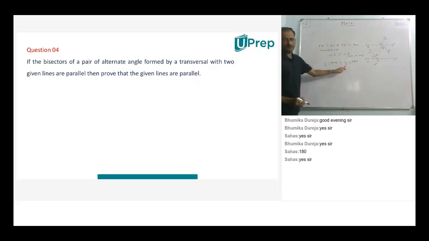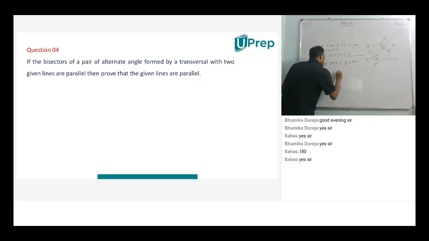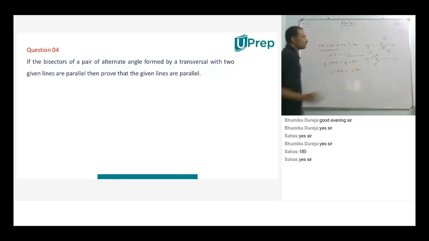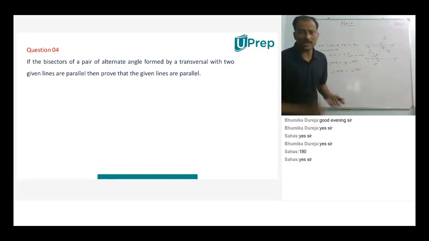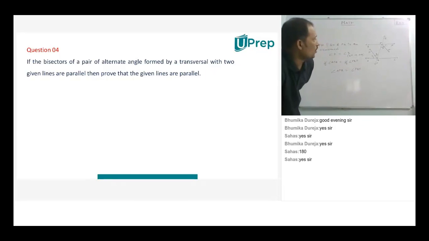Now cancelling half on both sides, we will get angle APQ is equal to angle PQD. What are those angles? What is APQ and what is PQD? What are those angles? Anyone?